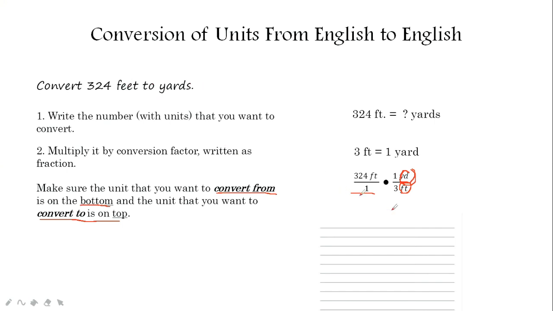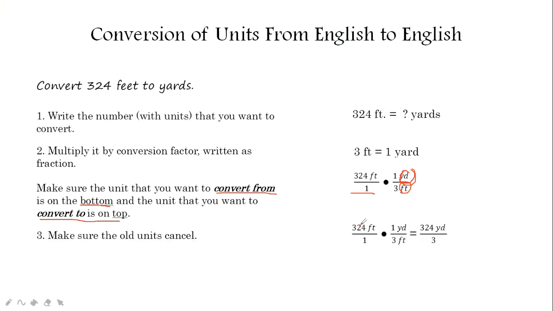Okay? So, now let us, the next step is make sure the old units cancel. So, ika-cancel natin ang old units. So, since ika-convert natin sa yard, kailangan na nating makancel yung feet. So, natitira na lang is yard. Okay?